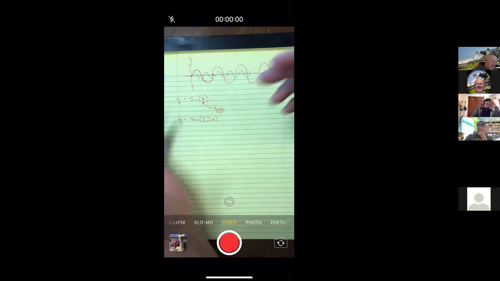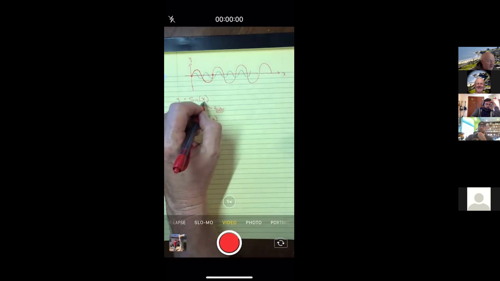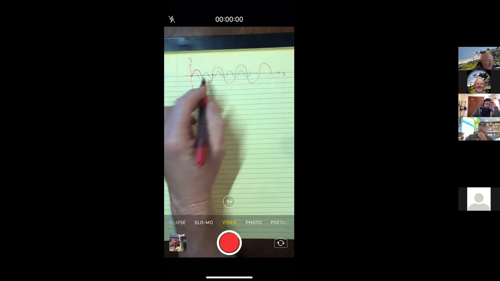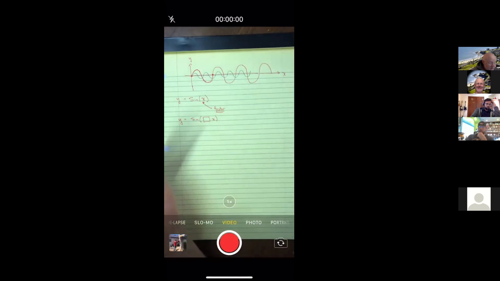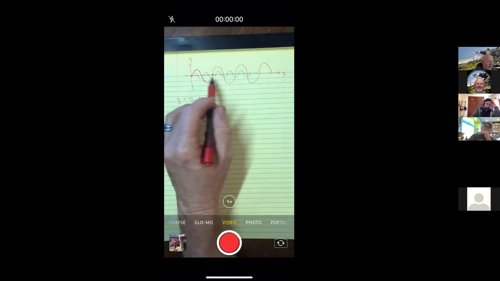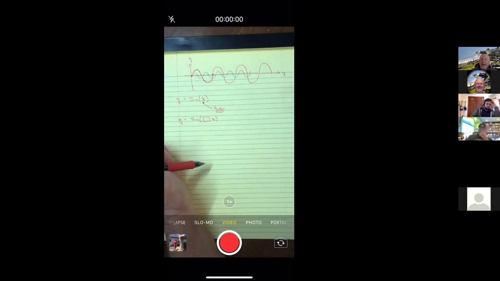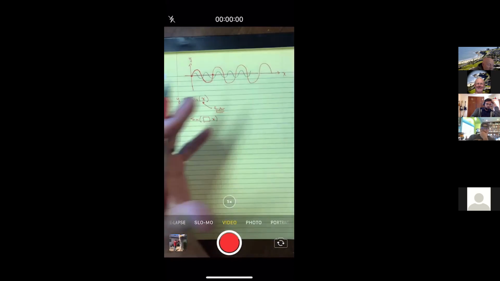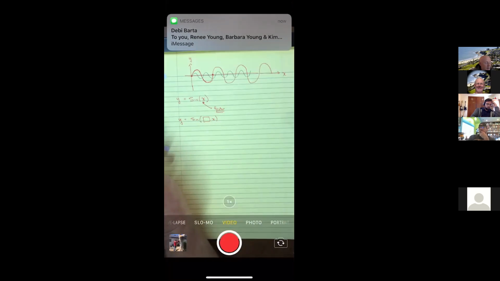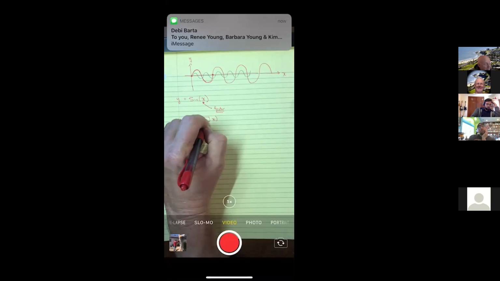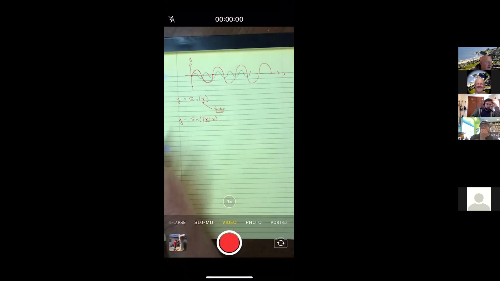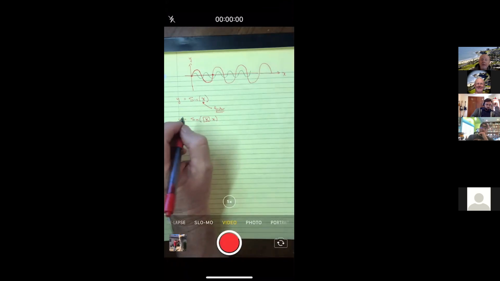I could have either big wavelengths or small wavelengths. If I just left it as x, the only wavelength I could have is 2 pi. That's what the trig function says: it repeats itself in 2 pi. But to expand things on the x-axis, I have to have a multiplication factor. Now, that multiplication factor is what this problem is referring to as the k.